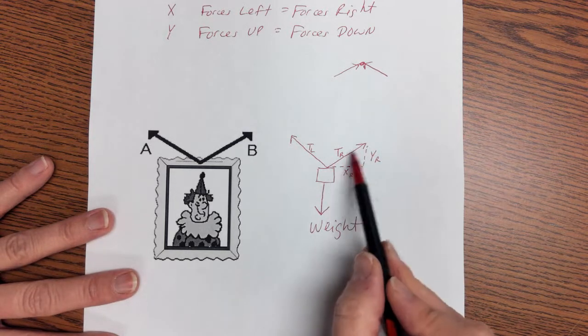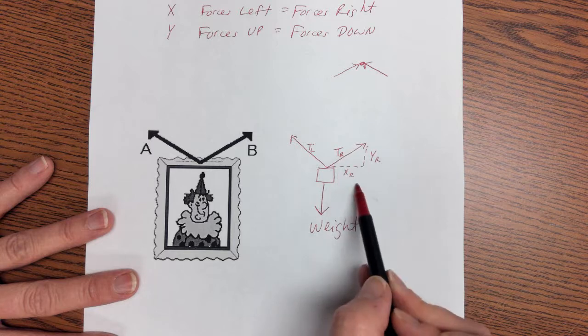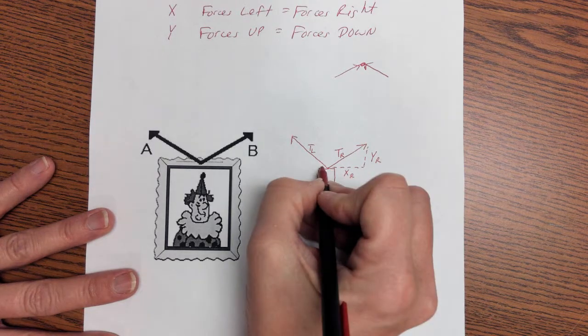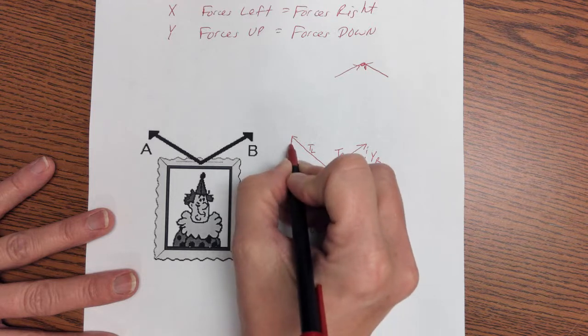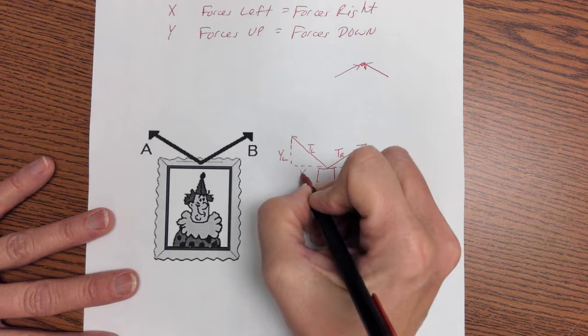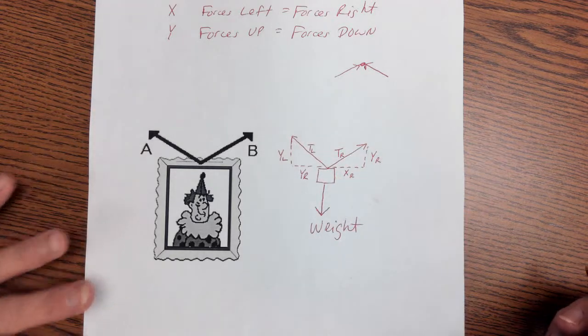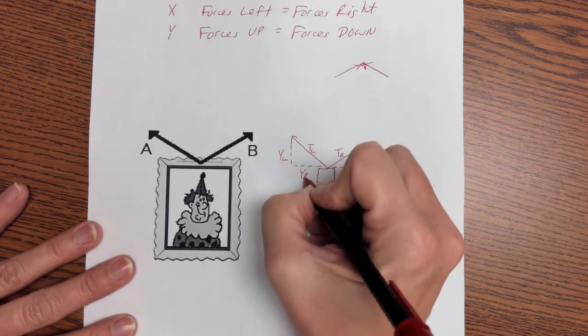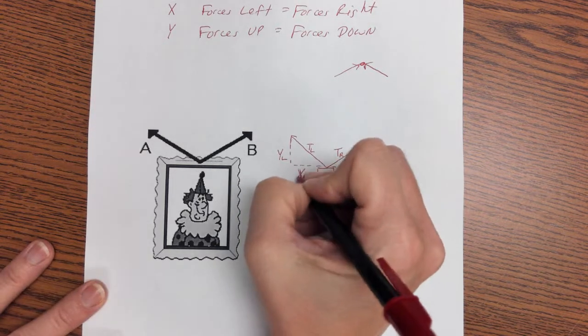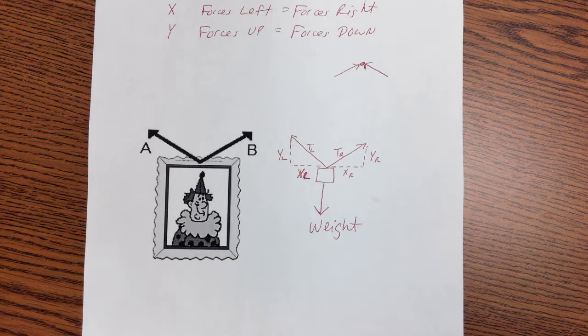You're breaking the wire itself into its X and Y component. Same thing on the left side. There's a Y value on the left and a Y value on the right. Oh, I should put an L there. Make that an L. Left. An X and a Y on the left, an X and a Y on the right. Is everybody with me? Okay.